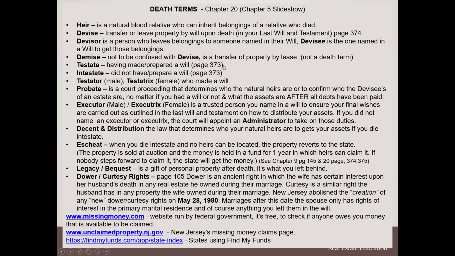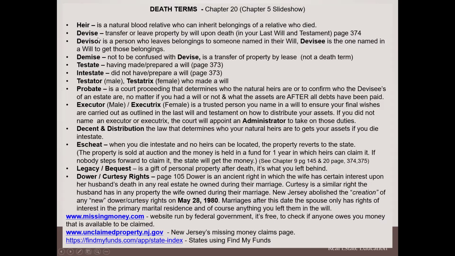Look, when we get to chapter 7, I'm going to have a whole list where you could see this, and we're going to go over that in a little more detail because it applies to a lot more terms too. So in this example, devise. What is devise? It's a transfer of property by will. And if you take that word devise and you put OR at the end of it, this is how you could understand legal terminology. OR at the end of the word is whoever is giving whatever the root word is.